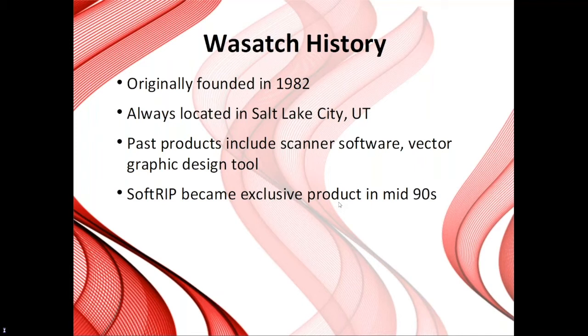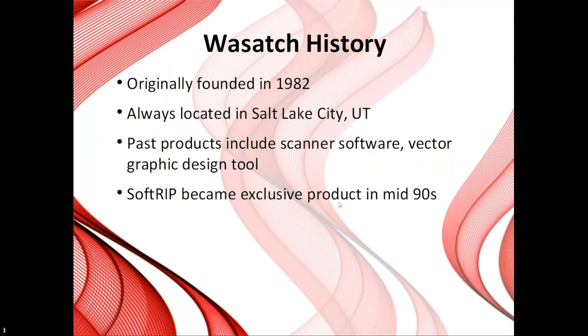But we saw the need for software to help run new digital printers. This is going back to NCAD and early HPs and so forth. And RIP software became our exclusive product in the mid-90s.